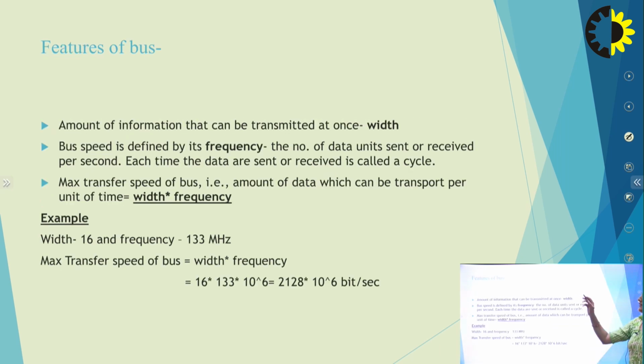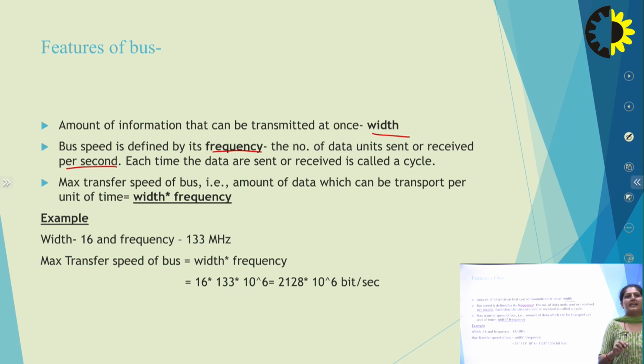Now, features of the bus. There are two most important features of buses. The amount of information that can be transmitted at once is defined by width, whereas the bus speed is defined by frequency. Frequency means the number of data units sent or received per second.